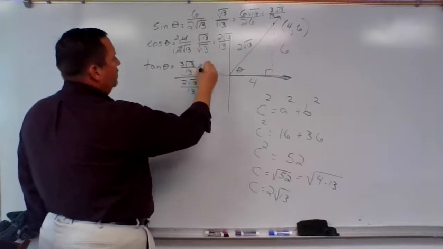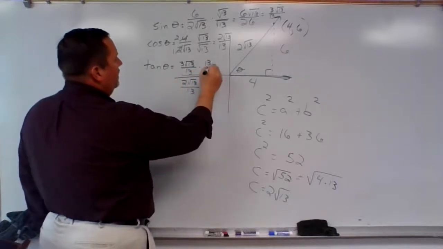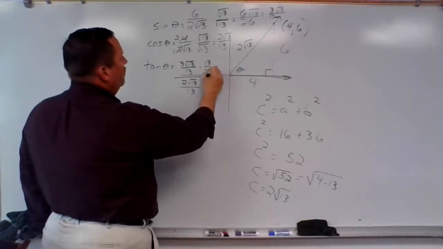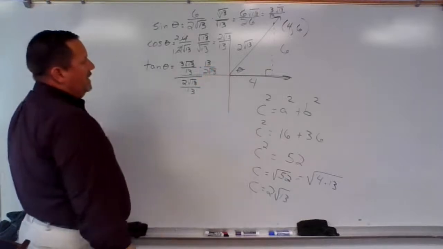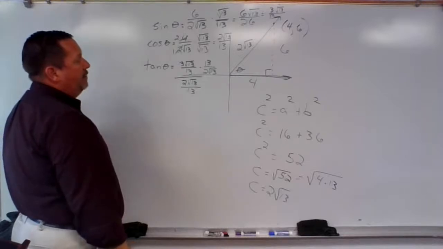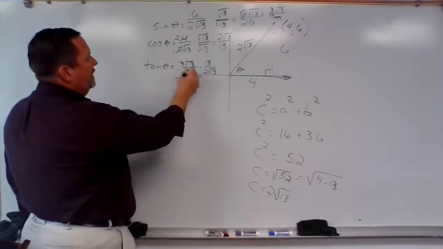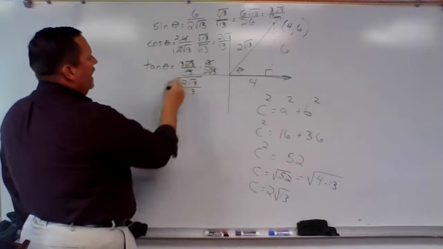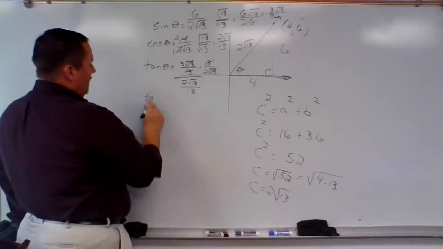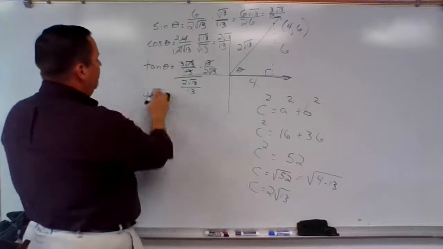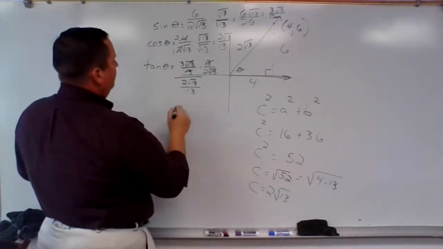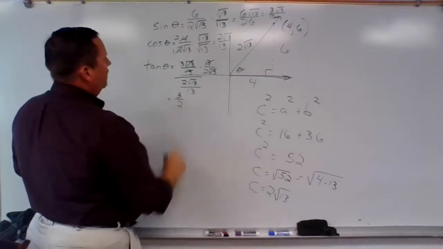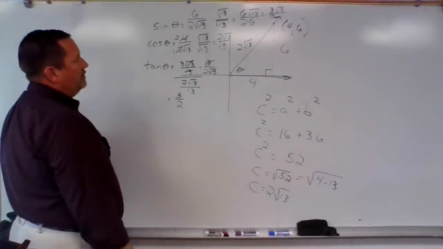So that becomes 13 over 2 root 13. And a bunch of things are going to cancel out. Hopefully you see my 13s cancel out, my root 13s cancel out, and I'm not going to rewrite it, equals 3 over 2.